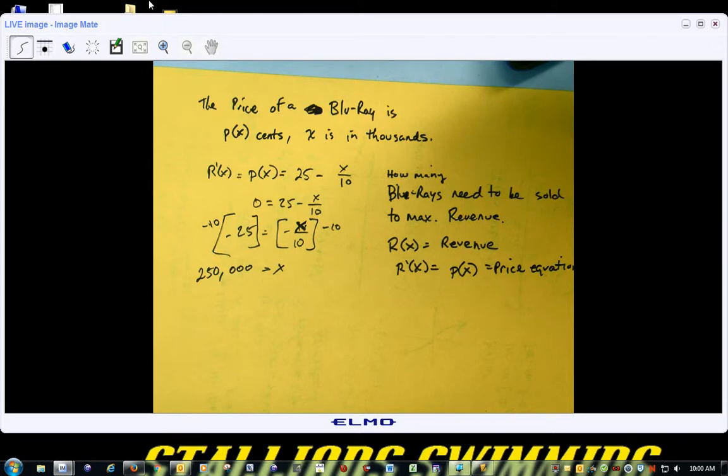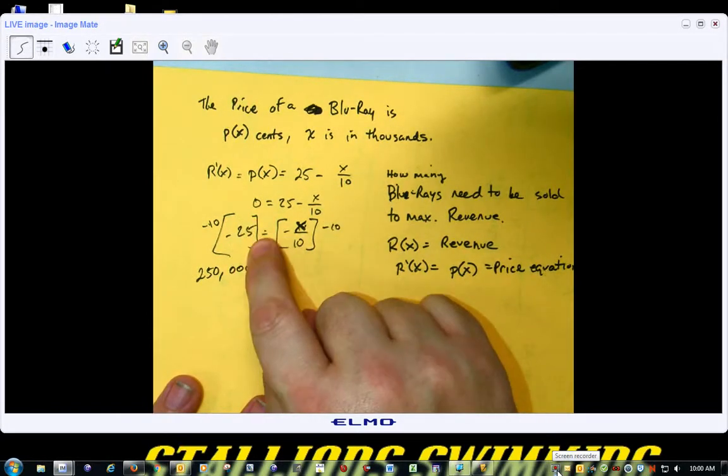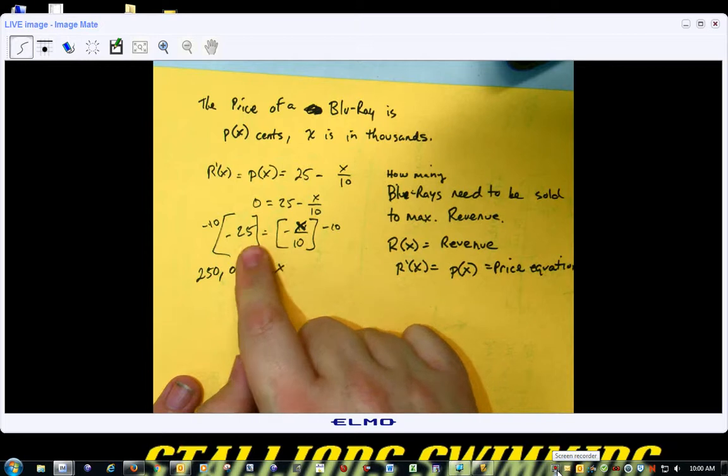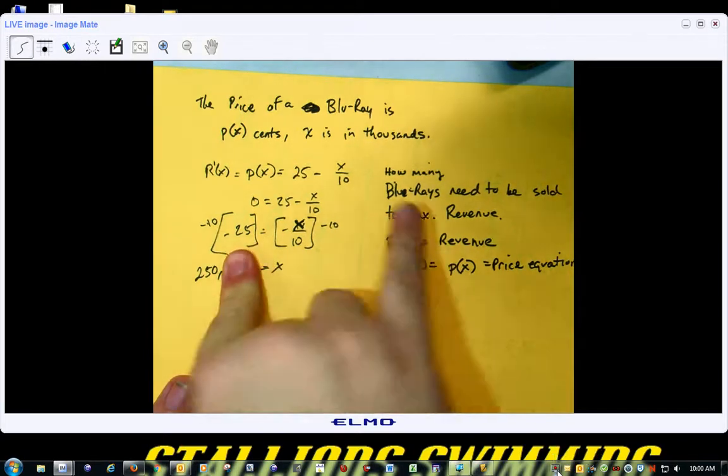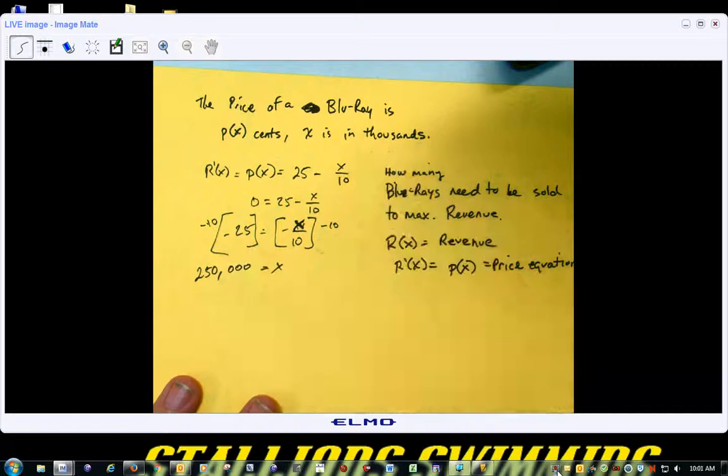Multiply both sides by 10 is just 250. But the problem says it's in thousands. Now, unfortunately, it might also just say something like this.